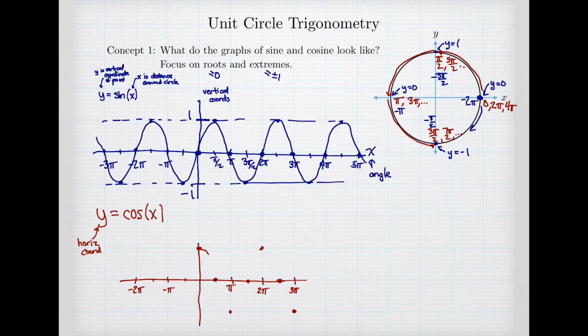This is actually the same shape as the sine curve. It's just been shifted. So the curve that we've just created looks the same. It's just been shifted to the left. And so it goes backwards as well.